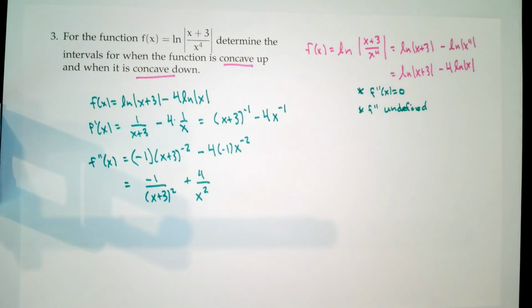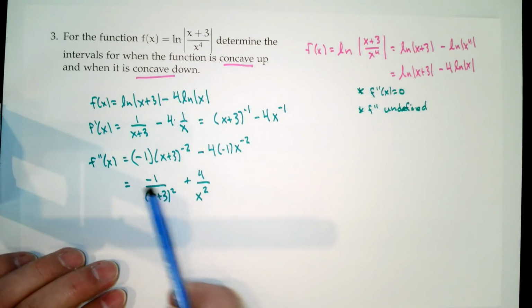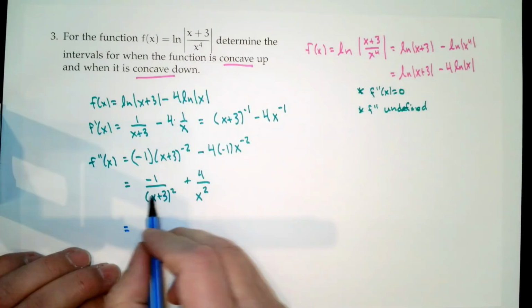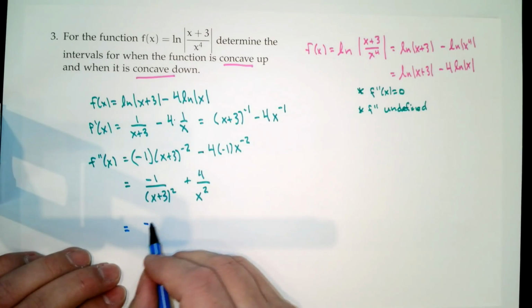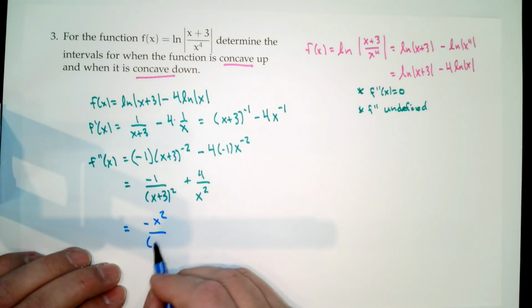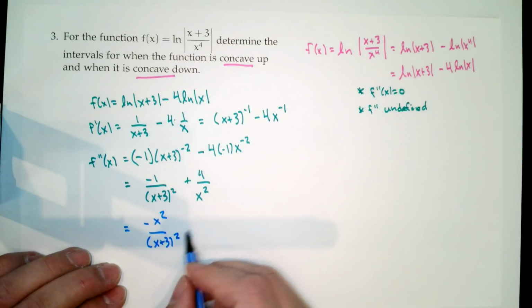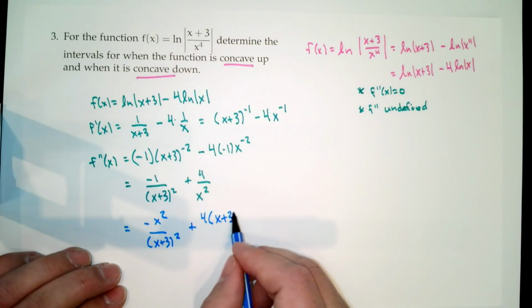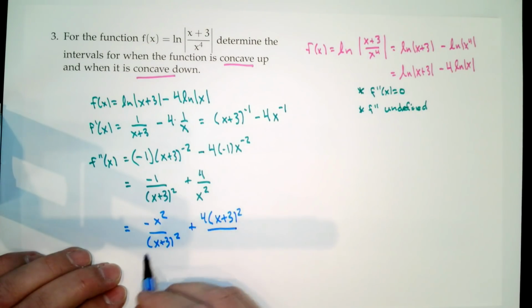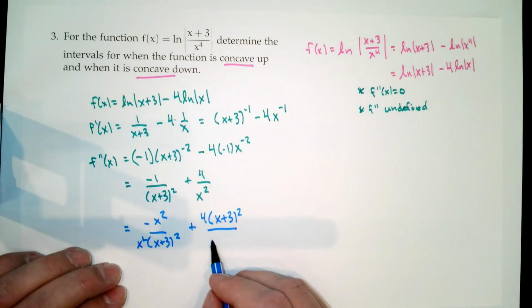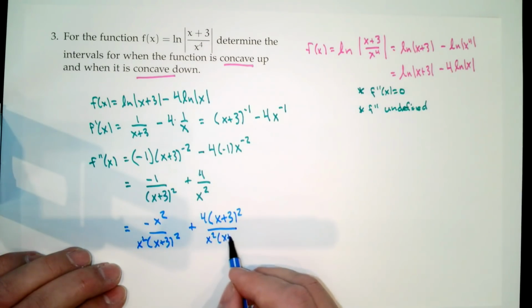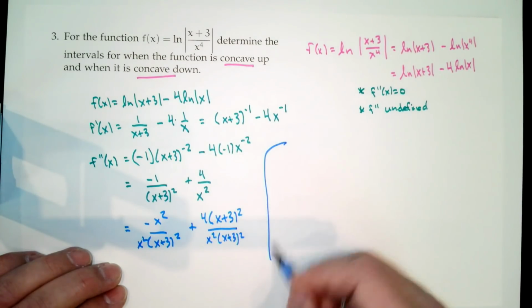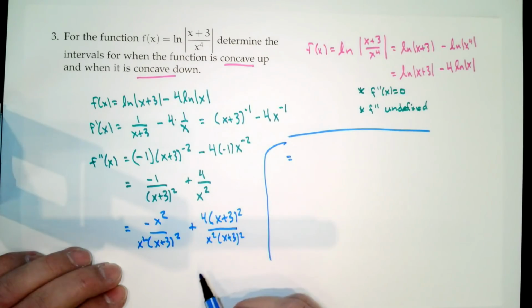All right. Well, to do the next thing, I'm going to add these together. So common denominator would be x squared times x plus 3 squared. So that would be minus x squared over x squared times x plus 3 squared, plus 4 times x plus 3 squared, and then I forgot my x squared here, over x squared times x plus 3 squared. Okay, so I'm going to bring it up over here. So what do we have?